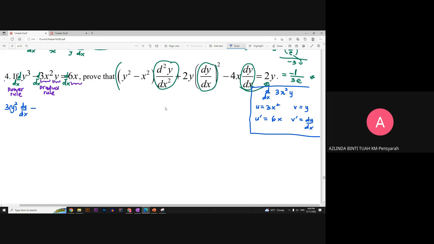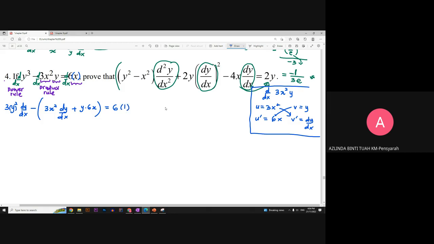Okay, masukkan dalam formula with a big bracket, cross multiply, 3x squared times dy per dx plus y times 6x. Equals 6. Then differentiate x is equal to 1.